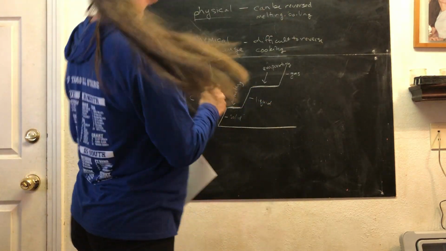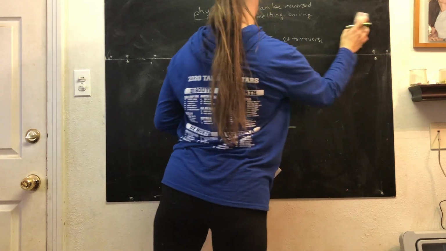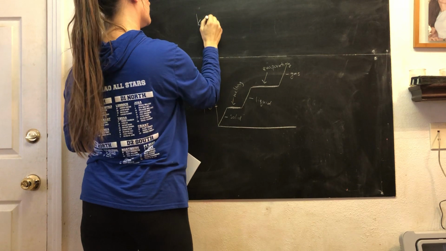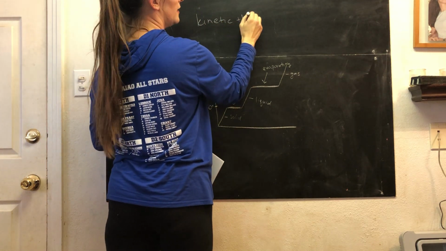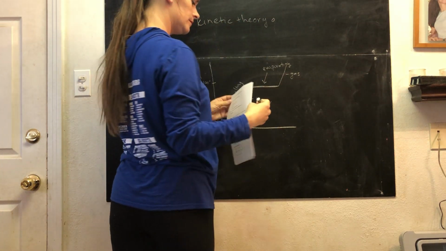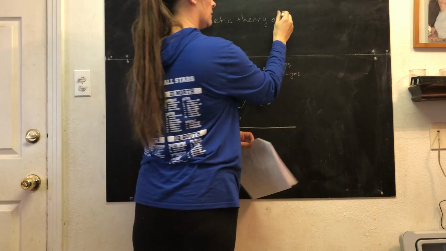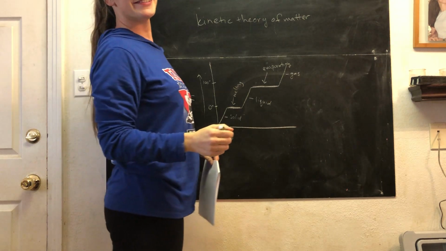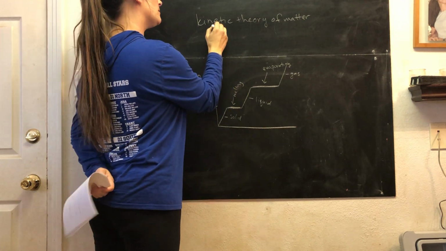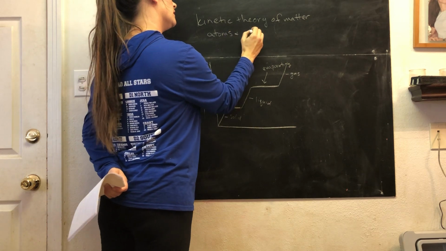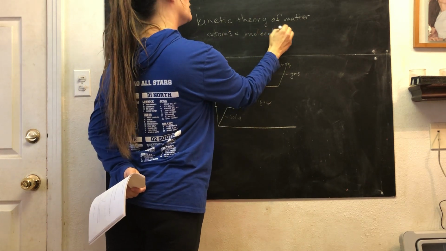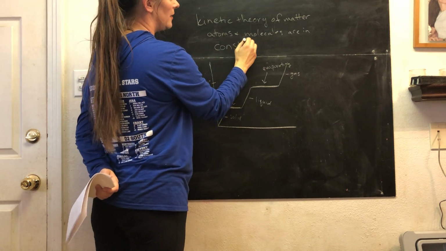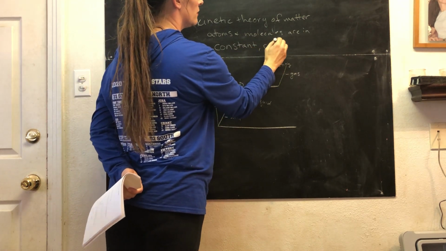Oh yes, the kinetic theory of matter. What is the kinetic theory of matter? I'm going to answer for us. Kinetic theory of matter says that atoms and molecules are in constant and random motion.